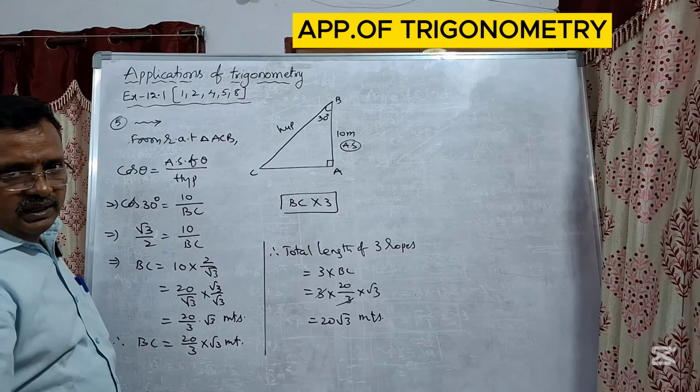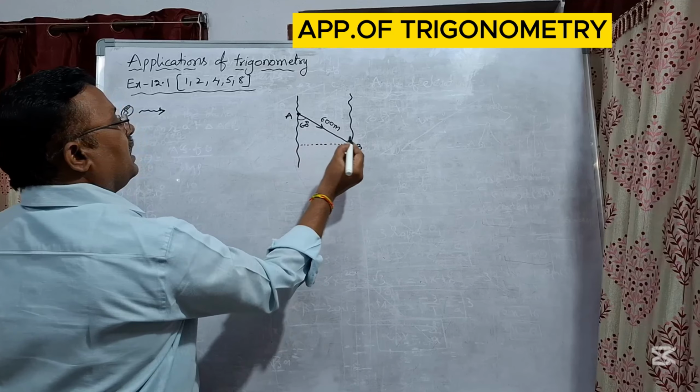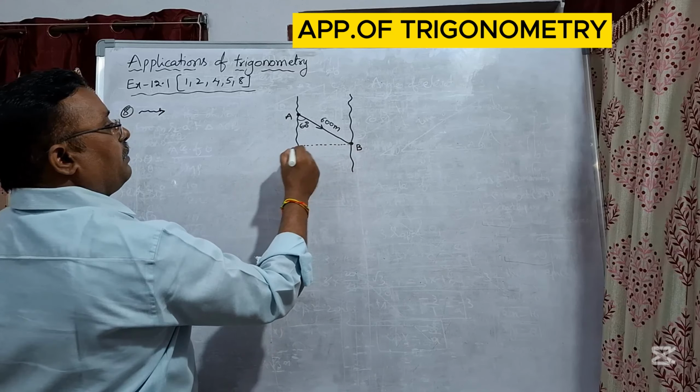During this journey, it is making an angle of 60 degrees with the bank and traveling a distance of 600 meters. Then what is the width of the river from that bank to this bank? What gap is there? That is the width of the river. Let it be C. They are asking BC.